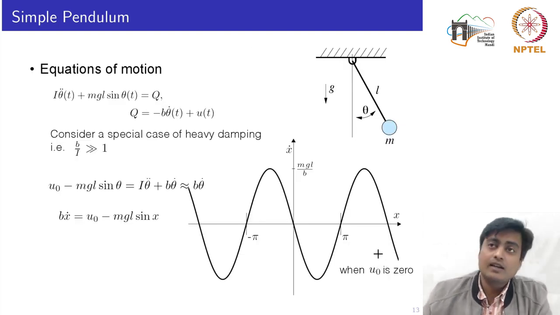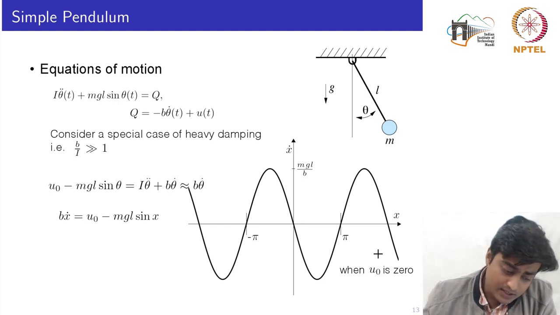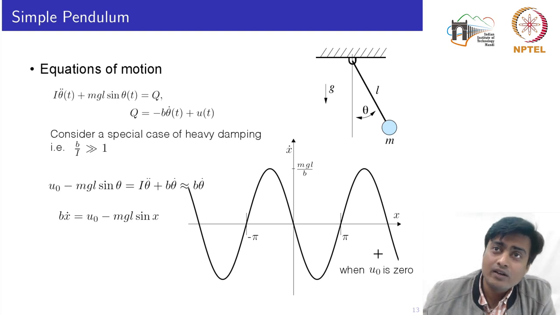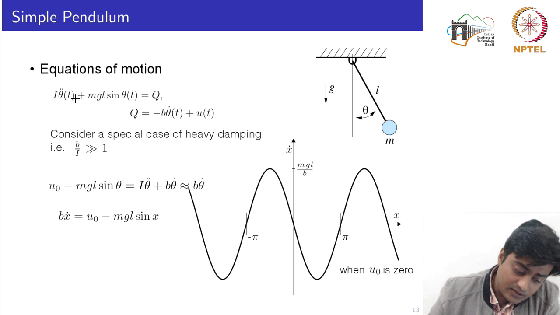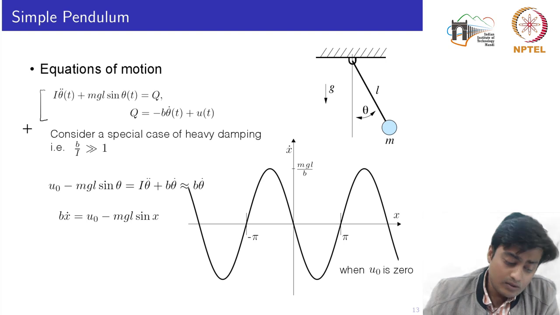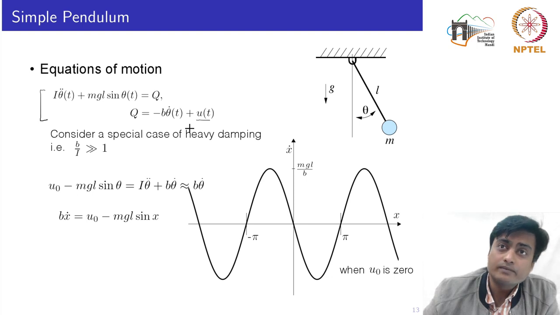So let's consider one basic example before moving to the definitions of stability. This is a simple pendulum, which you have been seeing in your wall clocks particularly. These two equations define the basic equations of motion of a simple pendulum, where the torque balances out, where Q is the damping torque influenced by the external force U of t.